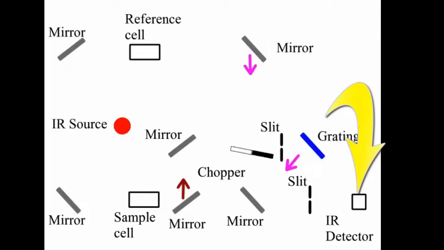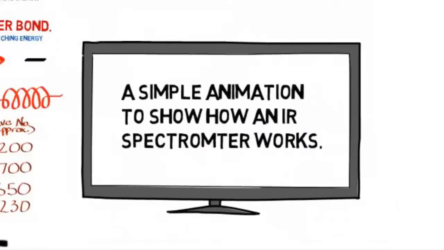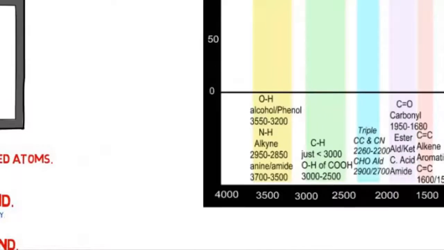And of course the infrared detector will pick up differences in the amount of light transmitted by the reference cell compared with the sample cell. In other words, where we have absorbance of infrared radiation by the sample, we will have a drop in transmission, and that will produce the peaks or troughs on the infrared spectrum.